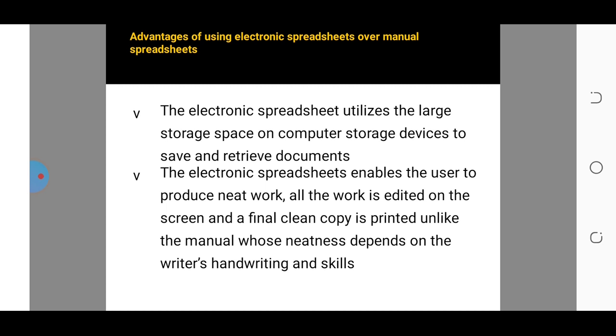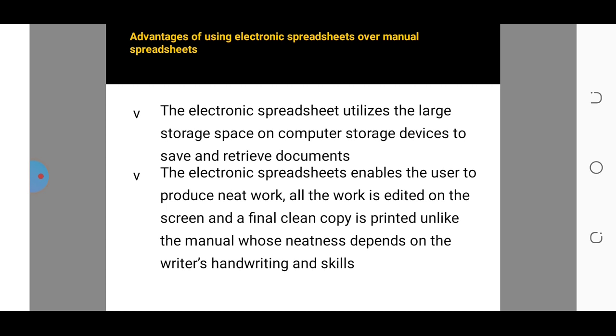The other advantage is the electronic spreadsheet enables a user to produce neat work. All the work is edited on the screen and the final clean copy is printed, unlike the manual, whose neatness depends on the writer's handwriting and skills.